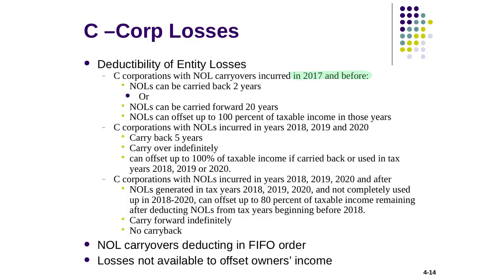What you can do with that NOL is it can be carried back 2 years or carried forward up to 20 years. And whichever direction you go, that NOL can offset up to 100% of the taxable income in those years. I'm going to highlight 100%, and you'll see why in a second.